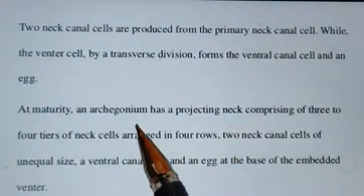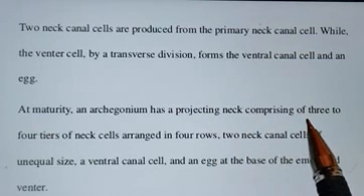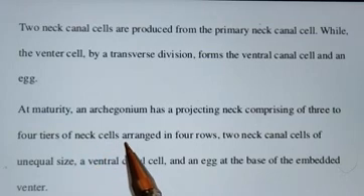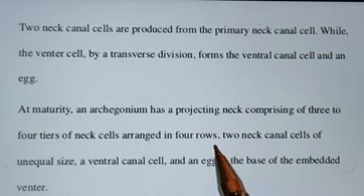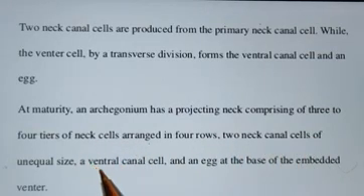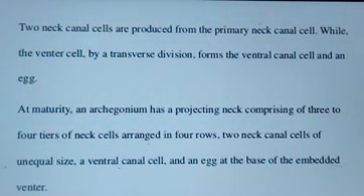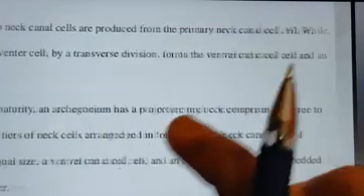At maturity, an archegonium has a projecting neck comprising 3 to 4 tiers of neck cells arranged in 4 rows, with 2 neck canal cells of unequal size, a ventral canal cell, and an egg at the base of the embedded venter.